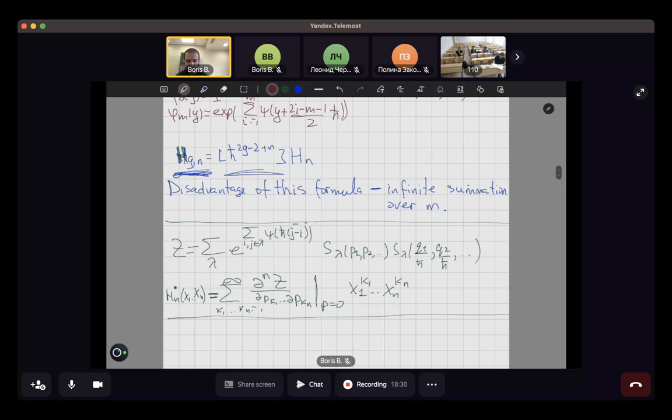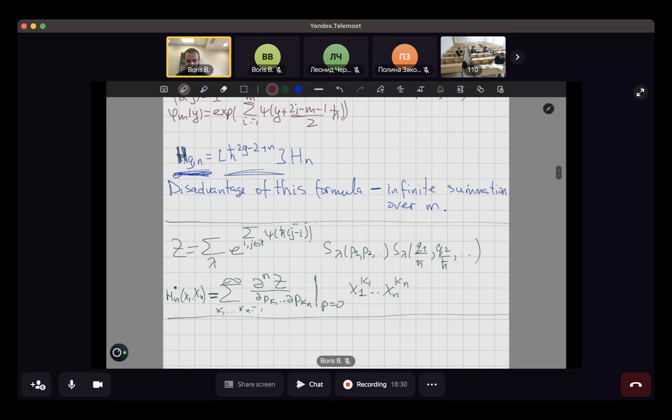Of the product, for i from 1 to n, of x_i to the power m_i over m_i, times the correlator with m_i, e to the power q_i j minus i over i h bar tensor.